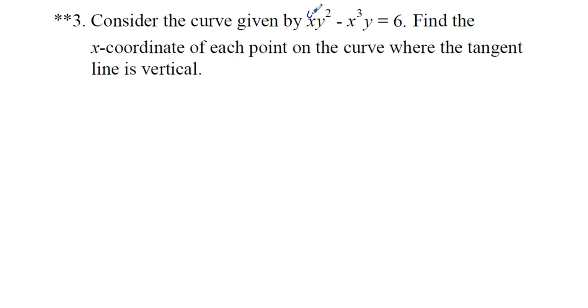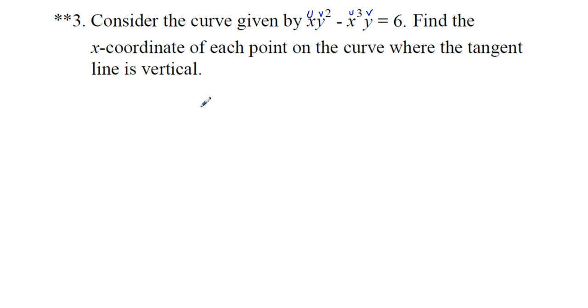So we have, I'm going to make this a product, x and y squared, and this x cubed times y, I'm going to make that a UV product rule situation also.